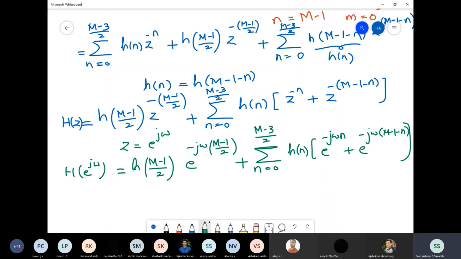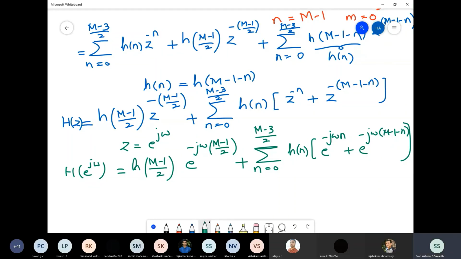Okay, by substituting for z. The simplification goes in a very similar fashion to how we derived it in the previous case for m being even. Only thing is the limits and certain terms are going to be different.